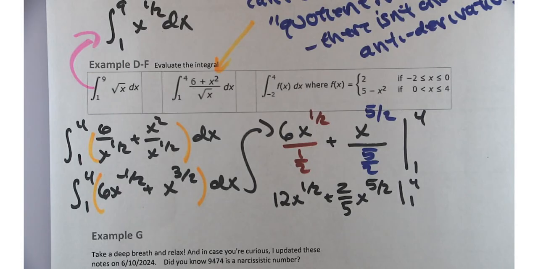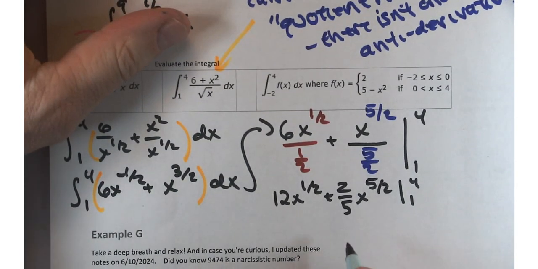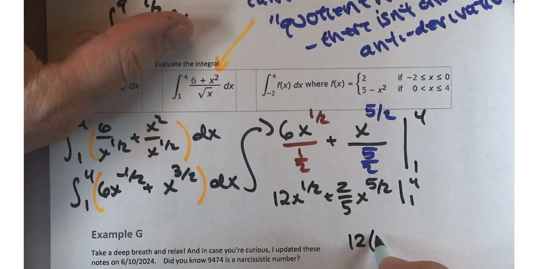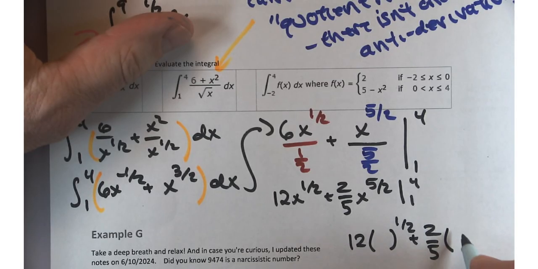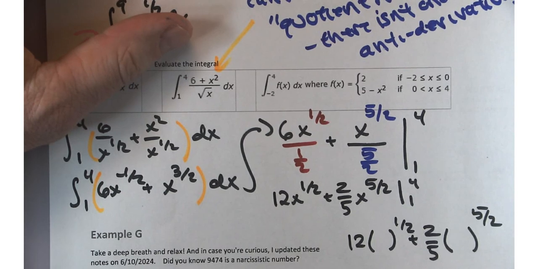Now here's where it gets a little bit messy. We've got to do 12 times 4 to the 1/2 plus 2/5 times 4 to the 5/2, minus 12 times 1 to the 1/2 plus 2/5 times 1 to the 5/2.